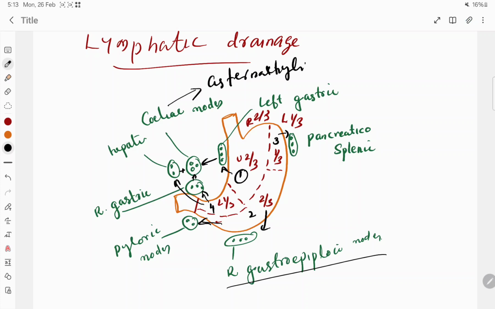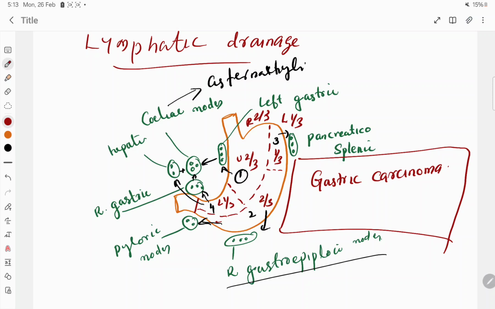That is the lymphatic drainage of the stomach. Now, gastric carcinoma normally occurs in the region of the pyloric antrum along the greater curvature of the stomach. Gastric cancer spreads by the lymph vessels to the left supraclavicular lymph nodes through the thoracic duct.